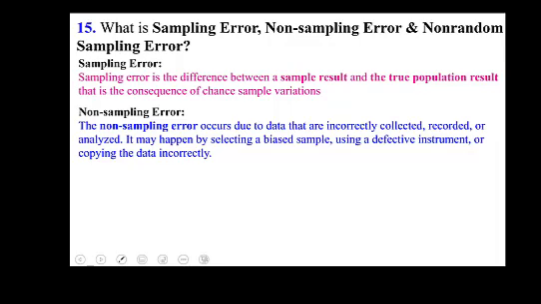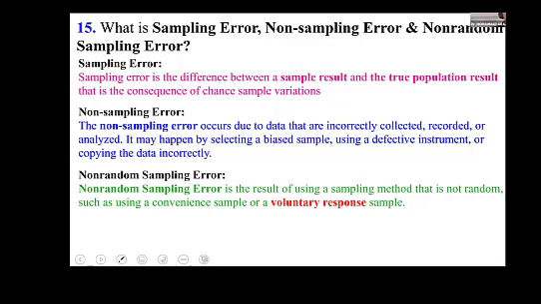It may happen by selecting a biased sample, using a defective instrument, or copying the data incorrectly. Non-random sampling error is the result of using a sampling method that is not random, such as using a convenience sample or a voluntary response sample.